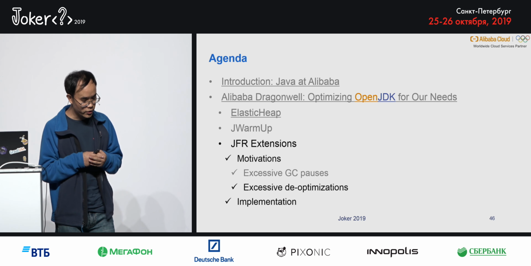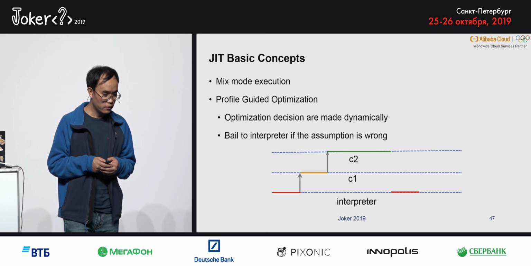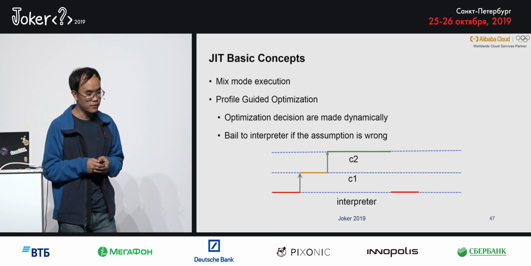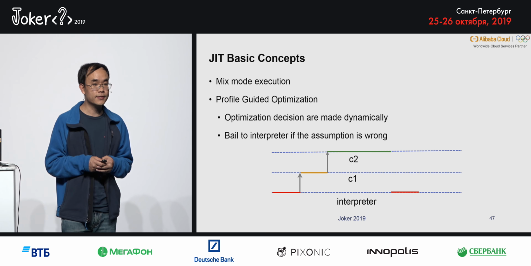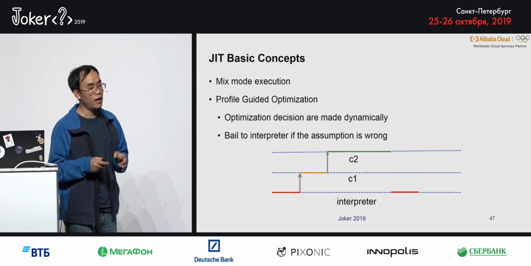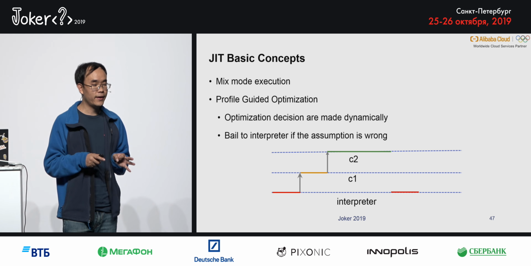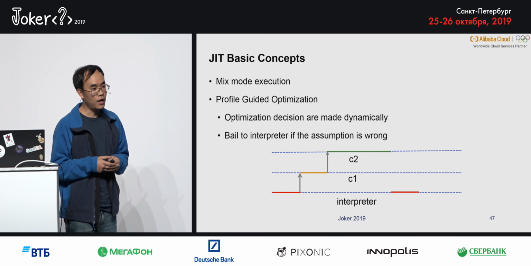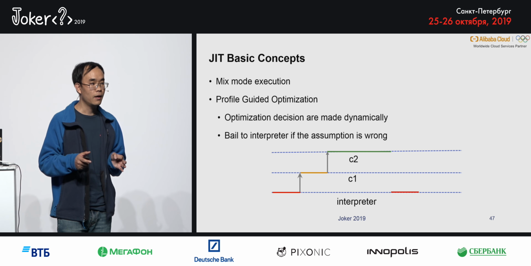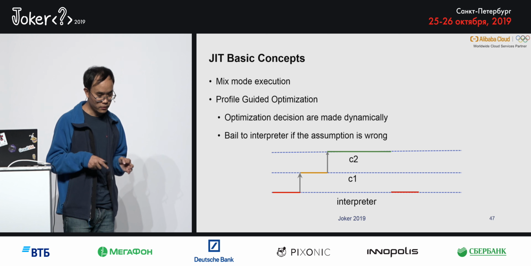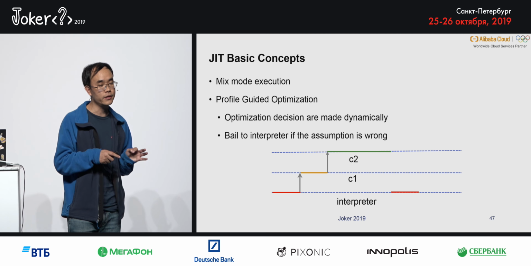The second motivation is about excessive de-optimization. Let's go through some basic concepts used by HotSpot. Generally, we start off in the interpreter. Then, when your method gets hot, we just-in-time compile it, and the first level of compiler is C1.